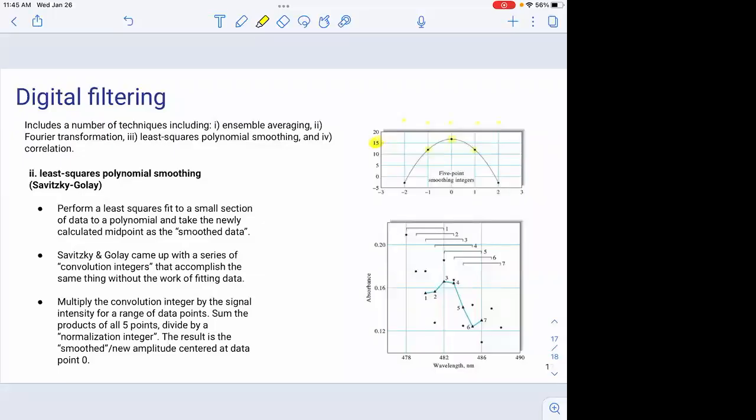The ones that are closest to that midpoint have slightly reduced weight, and the ones that are farthest away have an even further reduced weight.